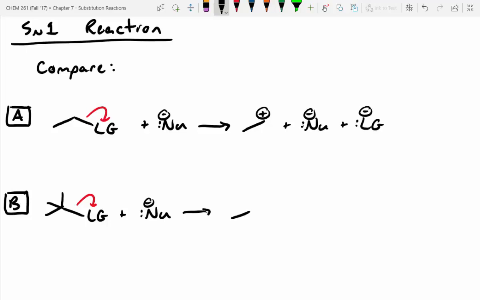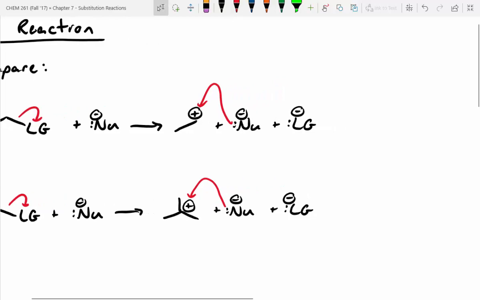And then down here, same thing. All right, and then what's the next step going to be? Nucleophile. Nucleophile must be the thing that attacks in. Okay, so I'm going to slide this over, and we can show our products.